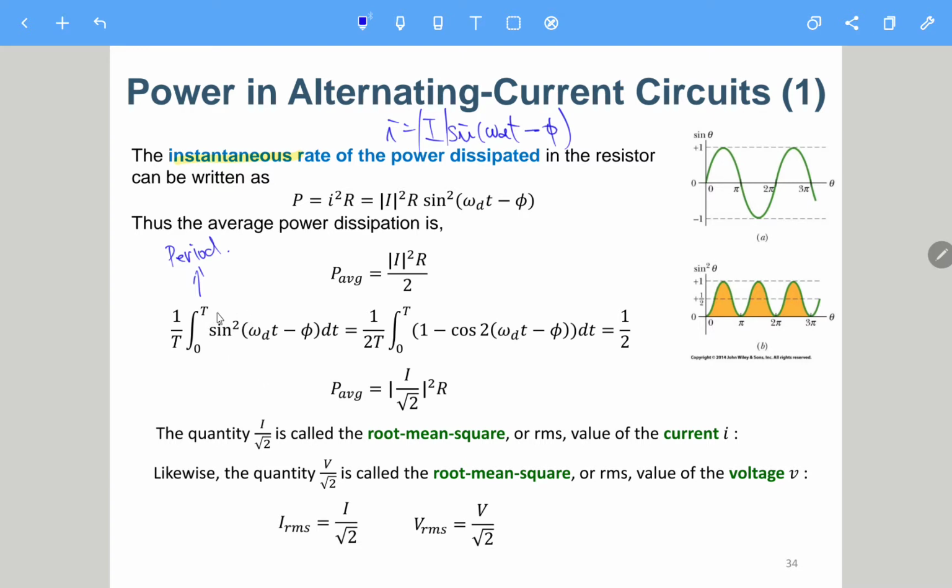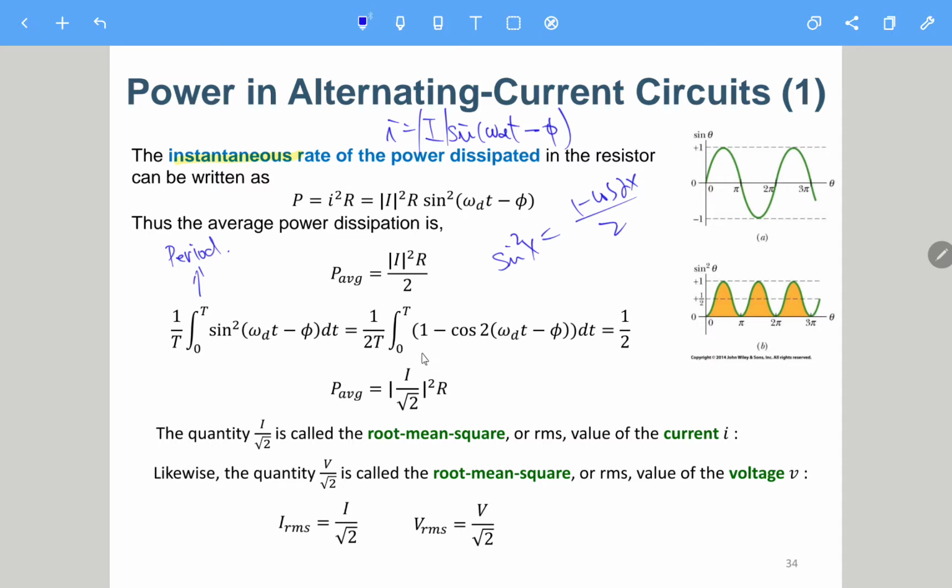Okay, so for sine squared, it is nothing but half of 1 minus cosine of this term, which means that sine squared of x equals half of 1 minus cosine of 2x, if you still remember the trigonometric identity.